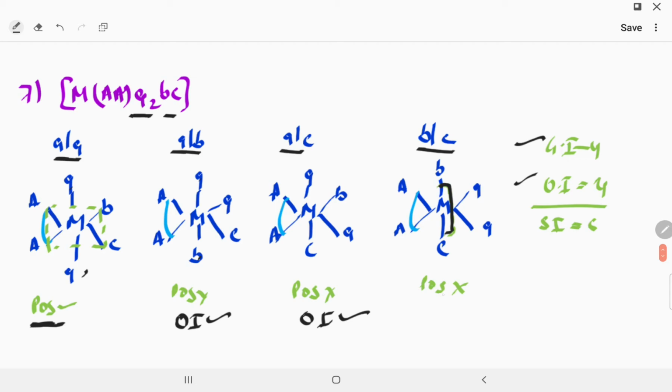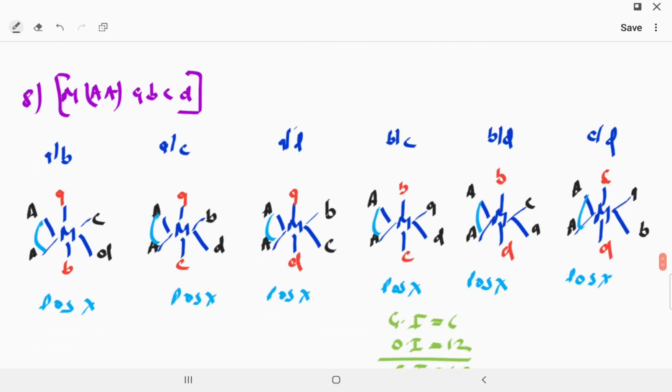So this one has a POS plane, so it will not show optical isomer. So we can say MAA A2BC will show optical isomer 4, geometrical 4, but stereoisomer 6. Total stereoisomer are 6 because 2 optical isomers we count in the geometrical also. So we can say total stereoisomer are 6.